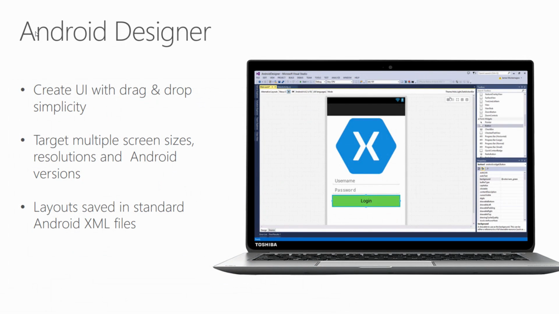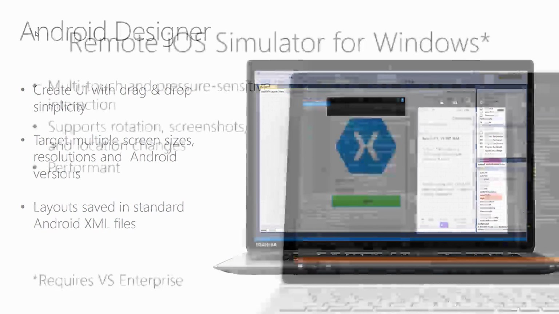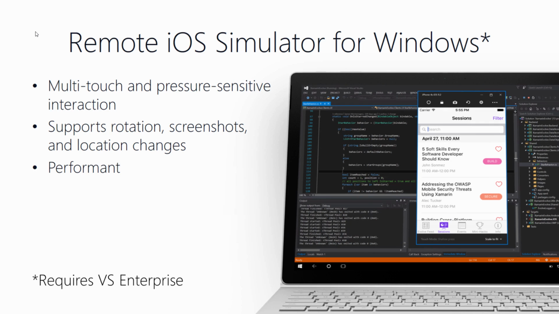We took a look at the Android Designer, of course, available in Visual Studio and Xamarin Studio, enabling you to build all of your Android files. And again, it's the native Android-specific XML. So if you find some Android XML on the internet, you can grab it, pull it in, and boom, you're good to go. I did talk about the remote iOS simulator for Windows, which I simply love. It's super performant, supports all different screen rotations, multi-touch, pressure sensitive, and actually adds touch control to the iOS simulator if you're on a touchscreen PC.